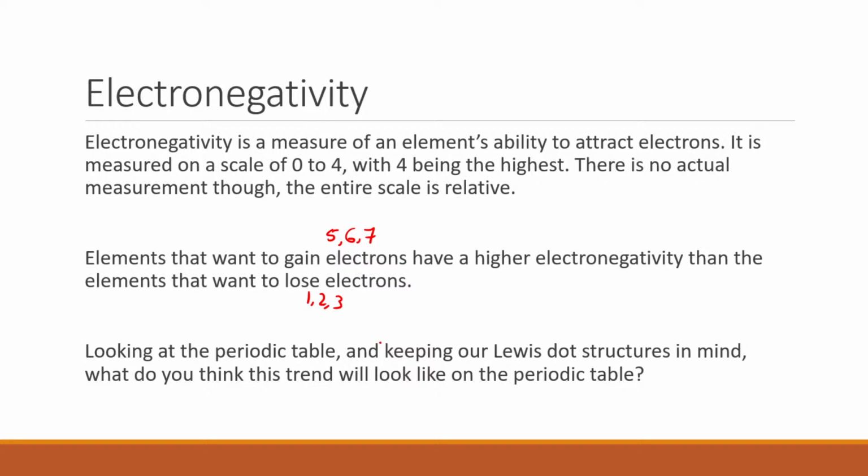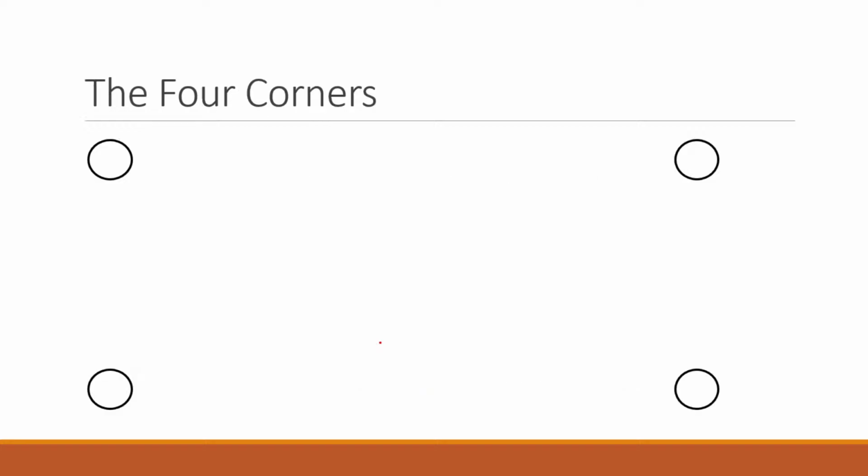And we're going to take a look at our four corners again and see what trends we can figure out about electronegativity. Our four corners are lithium, fluorine, francium, and ununseptium, which doesn't start with an F. Lithium has 2 shells and 1 valence electron.